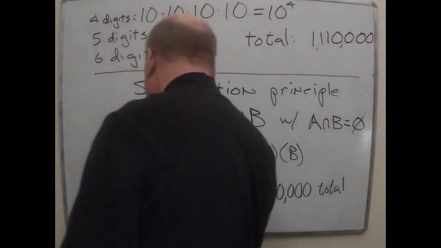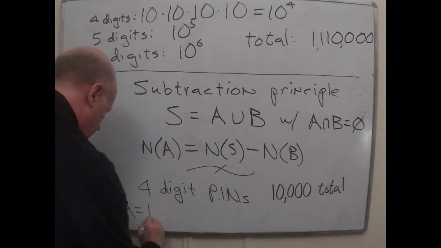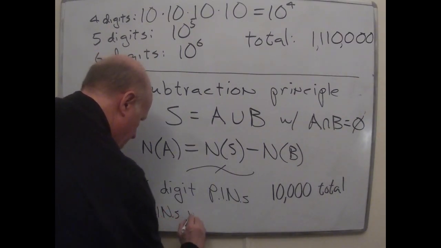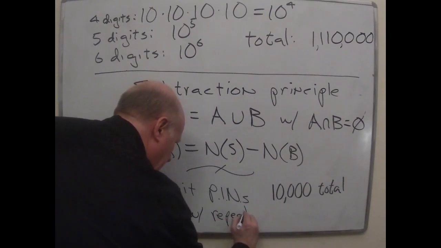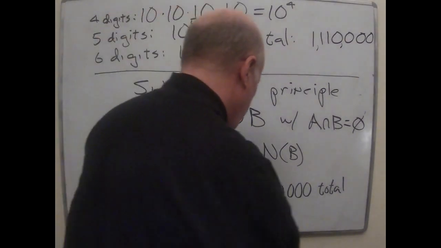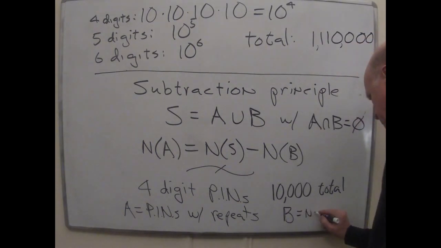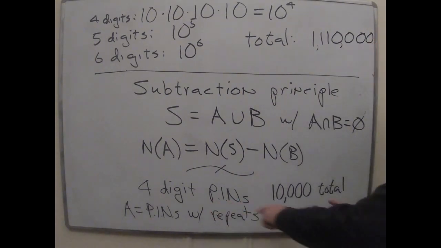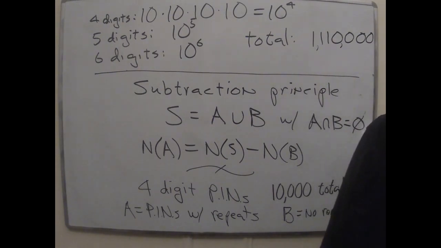So we'll let A equal the pins that have repeats. You'll understand what I mean. And B is the pins with no repeats. Now, one of these two is easy to count, and the other you get for free because you can count the first one.